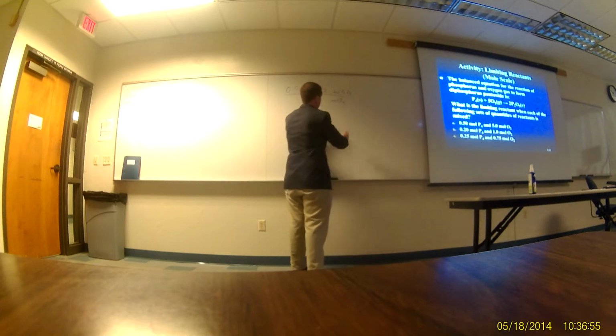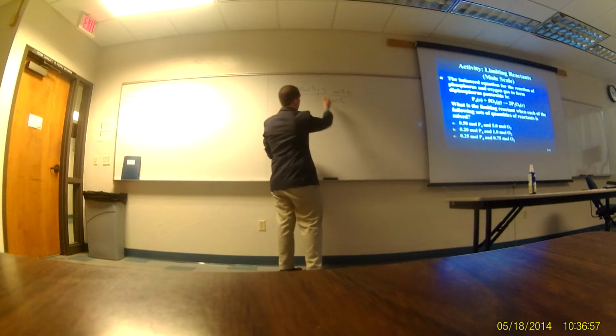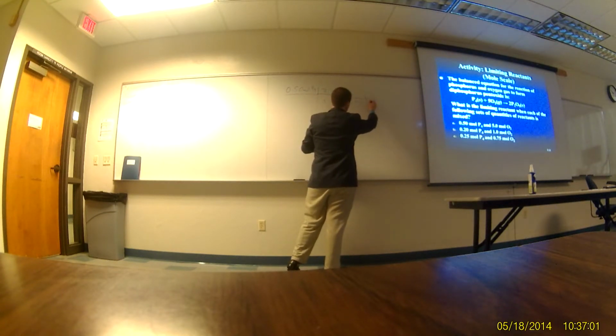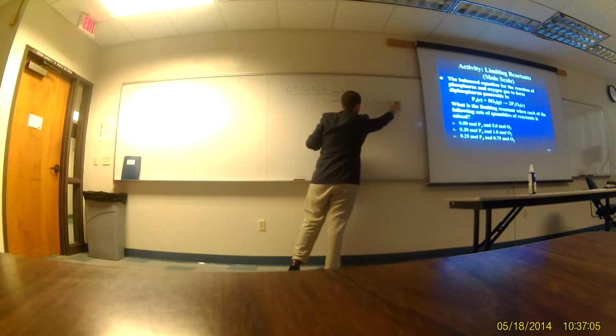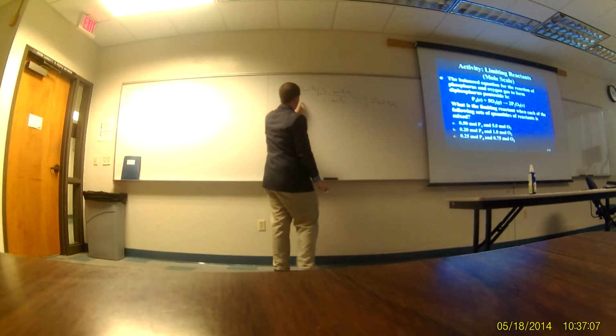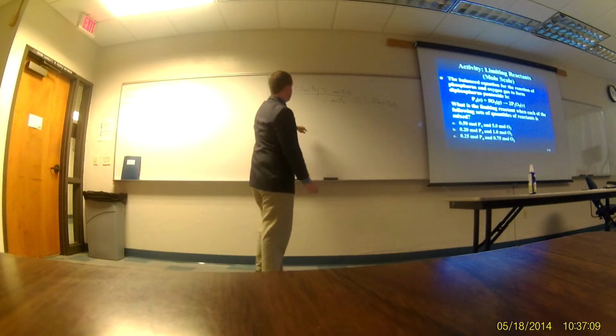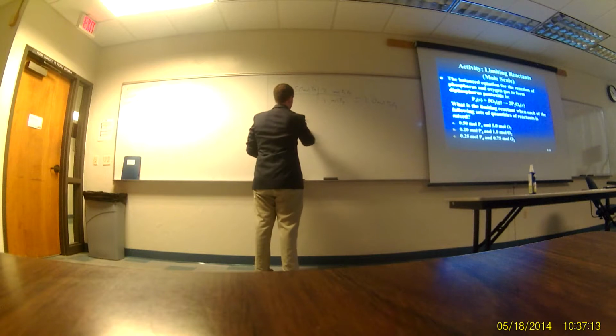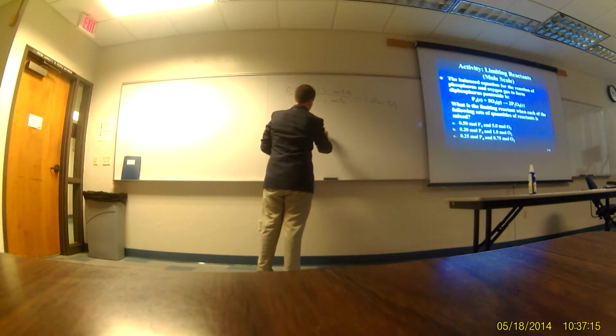P2O5 is 2. And what number goes down here? 1. And so 0.5 times 2 equals 1.0 moles P2O5. Then we do the same thing down here with our oxygen. 5.0 moles of oxygen. Moles of oxygen, moles of P2O5.